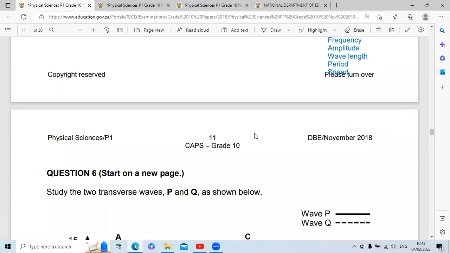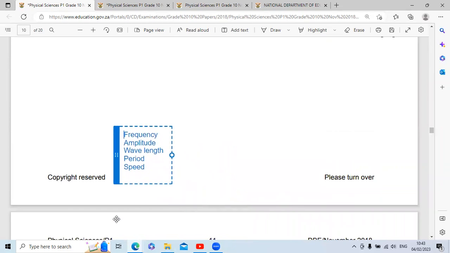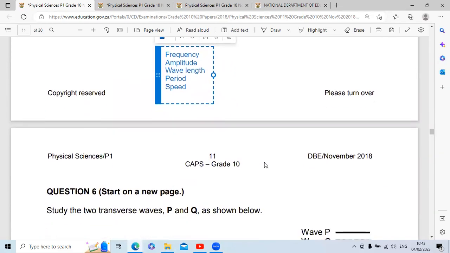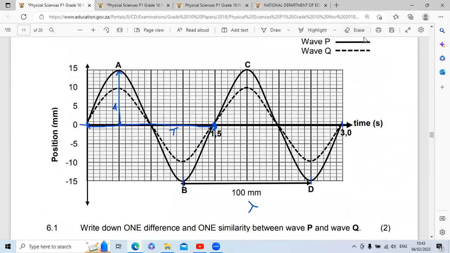It won't go down, so let's just say we have our frequency, our period, our speed, our wavelength.